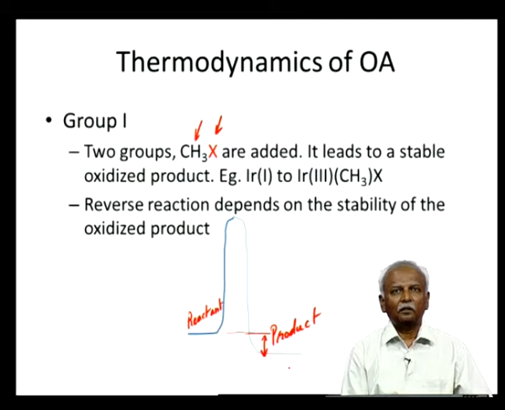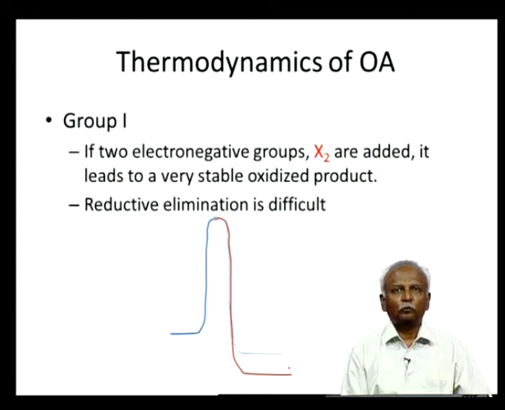In this particular example that I have given, I have added CH3 and X. Let us take another example where you have 2 more electronegative groups, say halogens, added to the metal. Then the stability of the oxidized product is more.